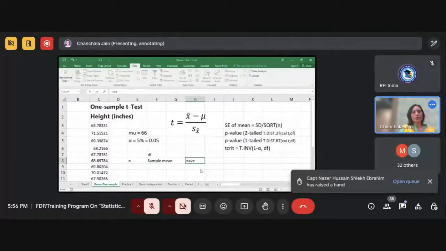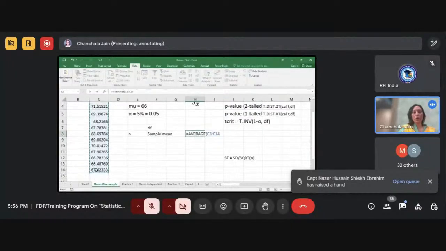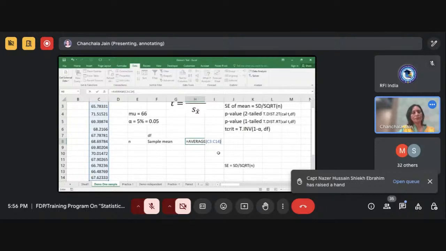So I'll use the AVERAGE function, select the range, close the bracket and press enter. May I press enter? Yes, ma'am.